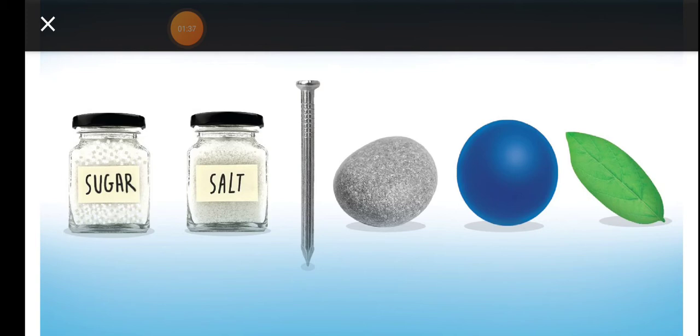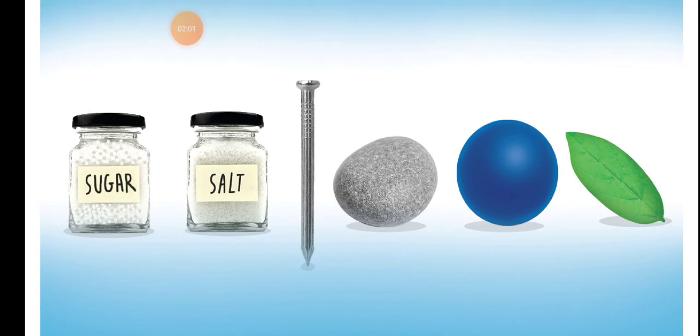Can you see sugar back in the water? You could not see, right? That means where the sugar has gone, it mixed in the water. And when you mix the salt in the water and mix it well, can you see the salt back again? You could not see. That means where has the salt gone? It mixed in the water.